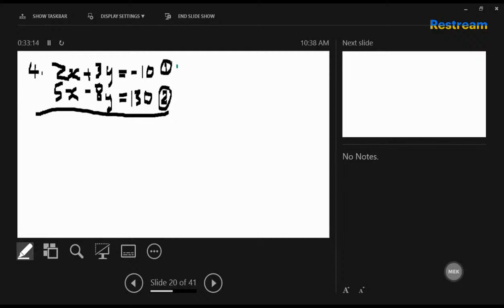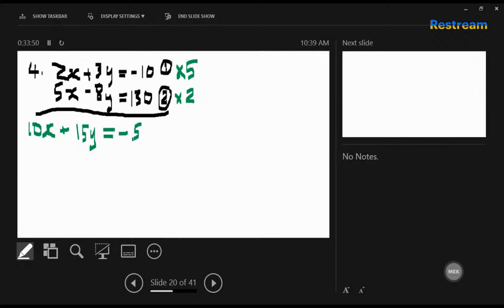So we're going to multiply. I'm going to choose my x variables to work with, the 2 and the 5. So I'll be multiplying this equation by 5 and this equation by 2. Which means then if I'm multiplying all of these by 5, I'm going to end up with 10x plus 15y equals negative 50.